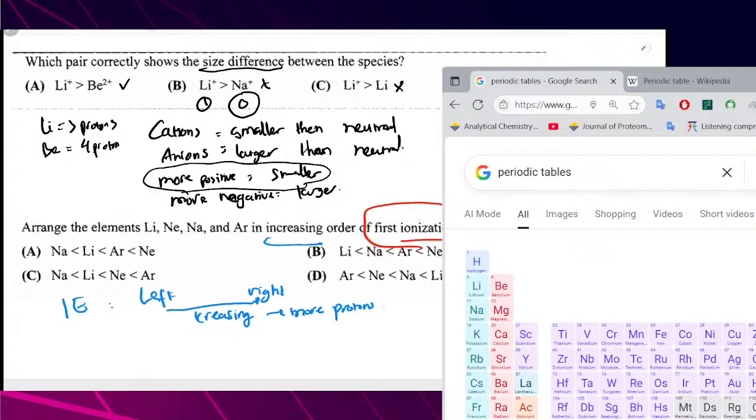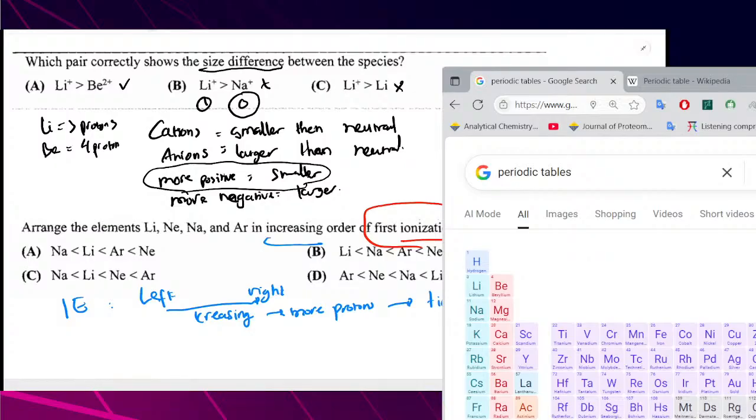Because it has more protons, it has a tighter hold or tighter pull on the electrons that orbit in the shell.